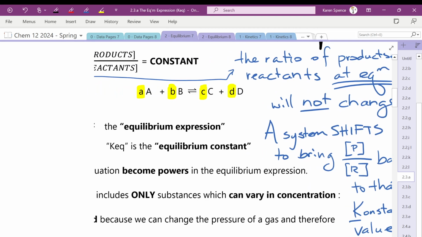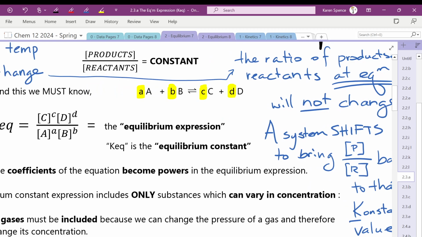How does this relate to our equilibrium expression? The equilibrium expression is the concentration of product C raised to the coefficient of C, times the concentration of product D raised to the coefficient of D. Okay, don't worry, we'll do some examples.